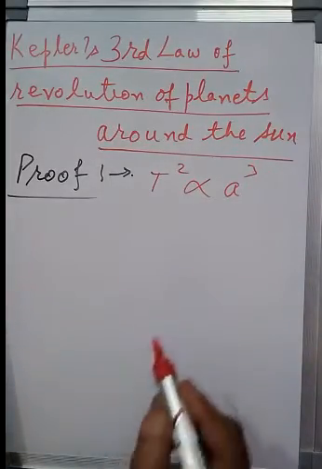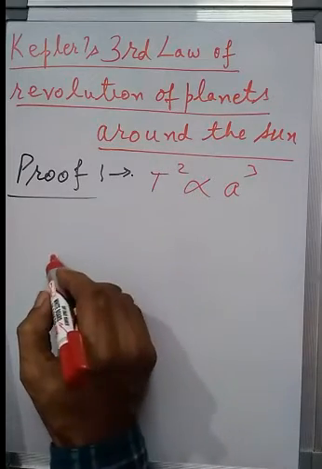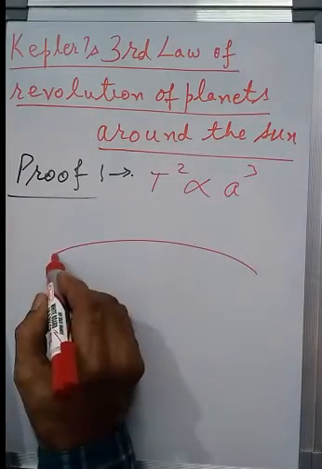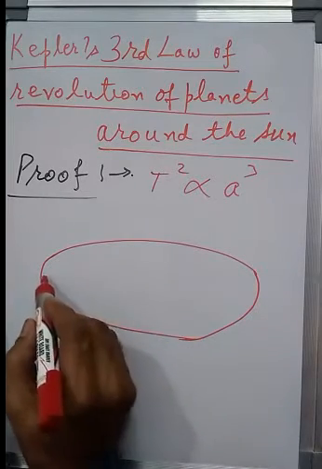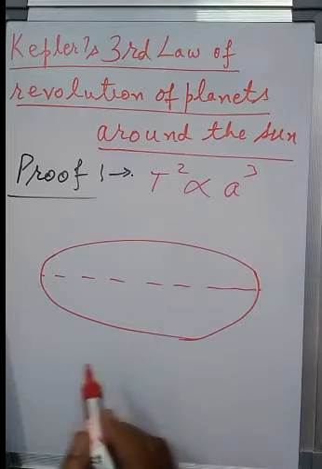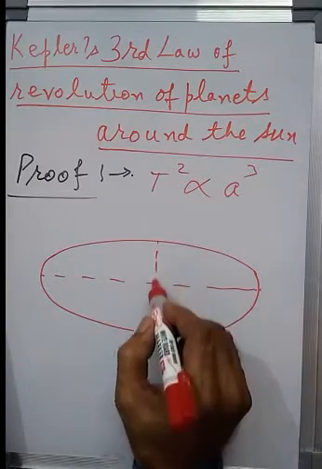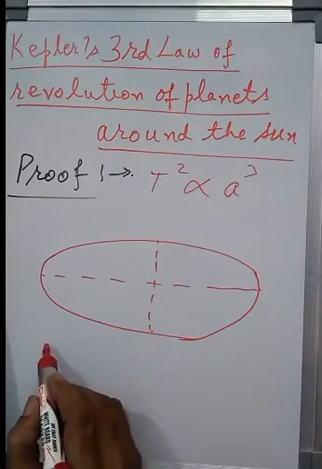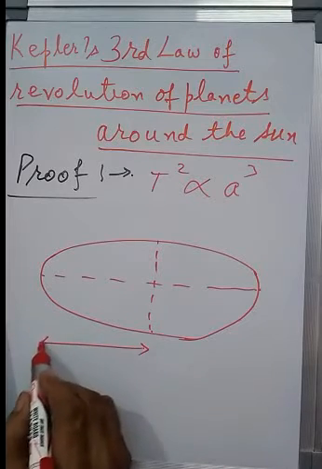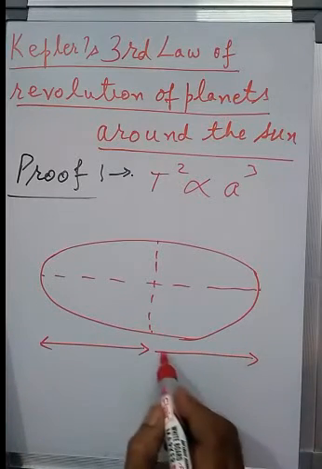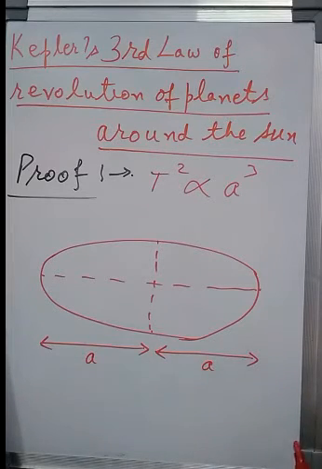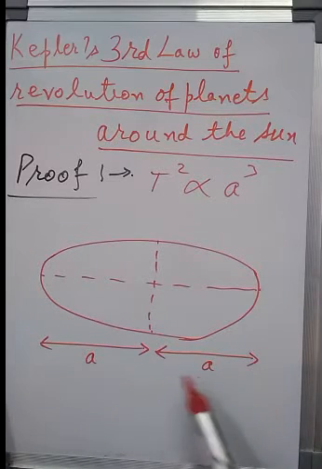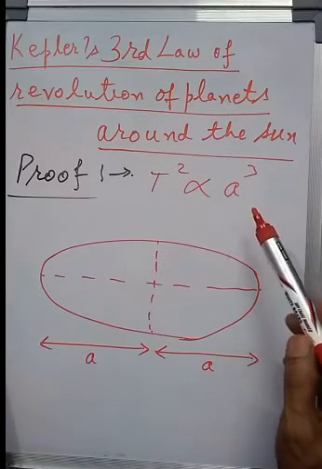Now let us try to understand the meaning of this definition. Suppose this is the elliptical orbit followed by a planet while revolving around the Sun, and this is the major axis, this is the minor axis. If I suppose the major axis has length 2a, then half of it can be represented by a, and this is the value a which appears in this definition.